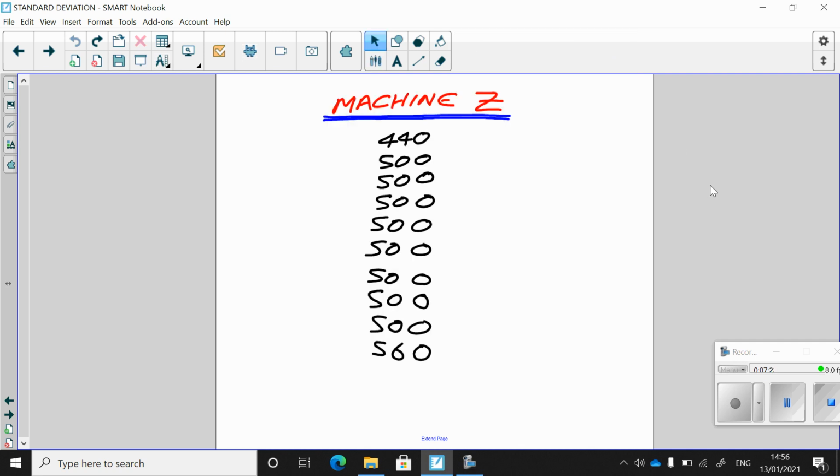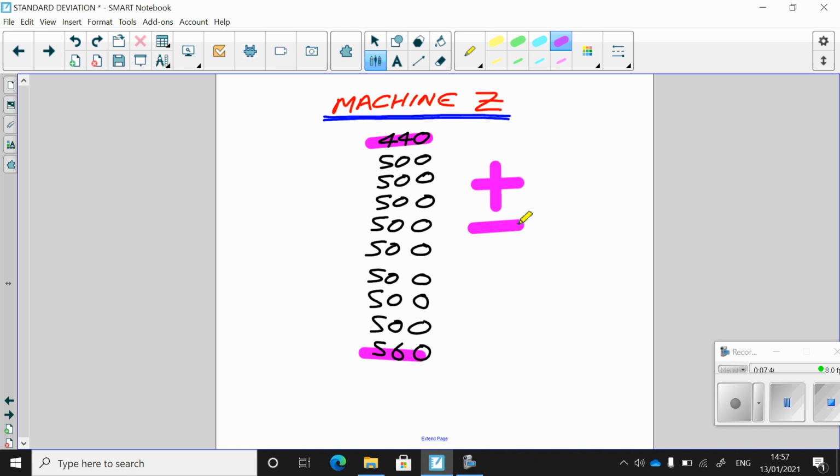So if I had, instead of A and B, I went all the way down to Z. Just looking at these numbers here, if I was to look at the extreme values, 440 and 560, well, that looks like I'm 60 below and 60 above.